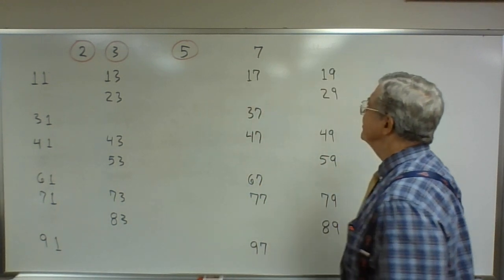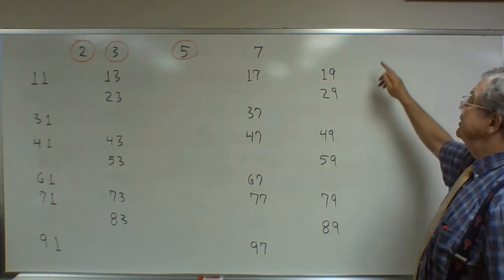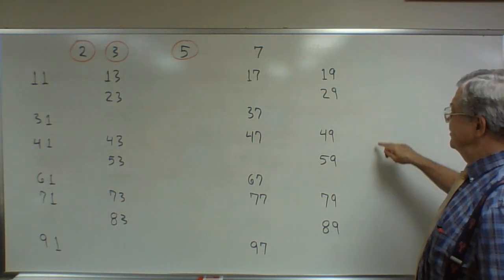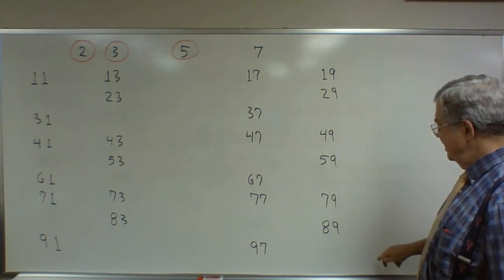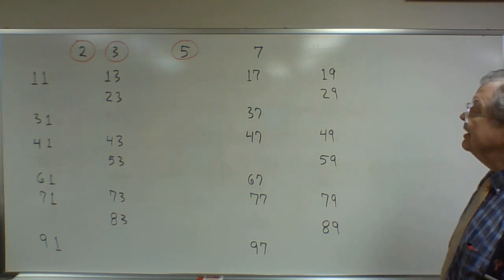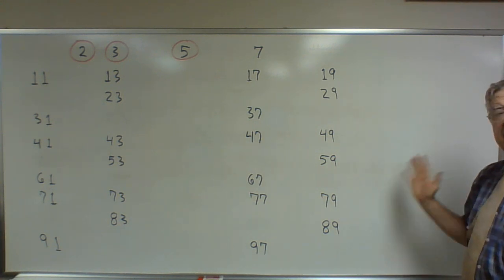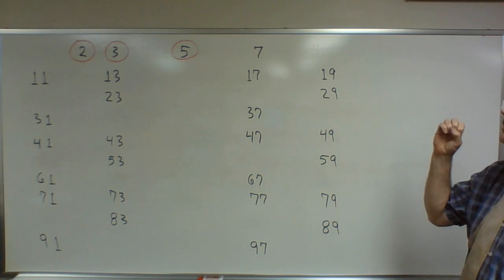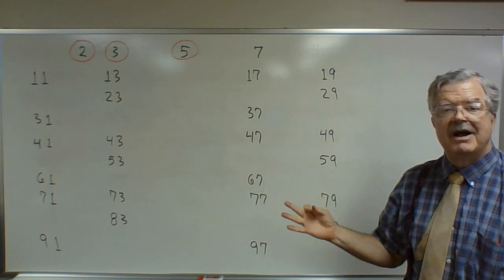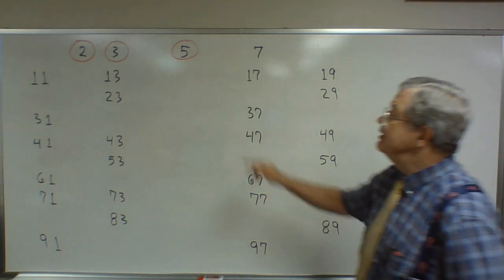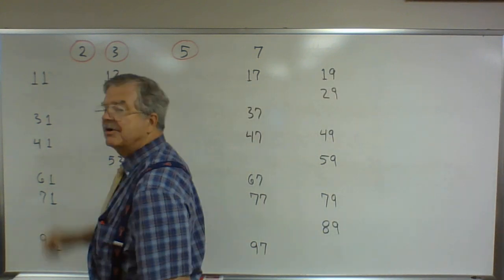I've got to get rid of all of those. And let's see, 10, 20, 30, 40, 50, 60, 70, 80, 90, 100. We already got rid of those. Okay, we already got rid of the multiples of 2, 3, and 5, other than the fundamental multiples, which we circled.